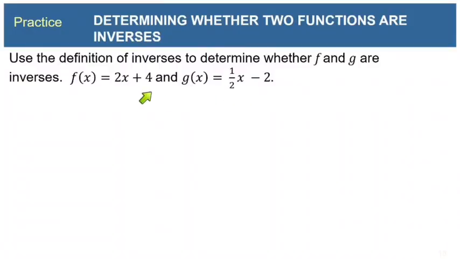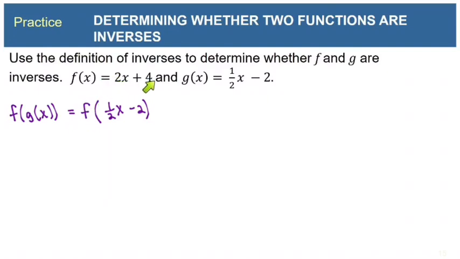To see if these two functions are inverses, we'll first need to evaluate f compose g of x, which can be written as f of g of x, which tells us that we're going to plug the g function into the f function. So f of g of x becomes f of 1/2 x minus 2. So now f was 2x plus 4.